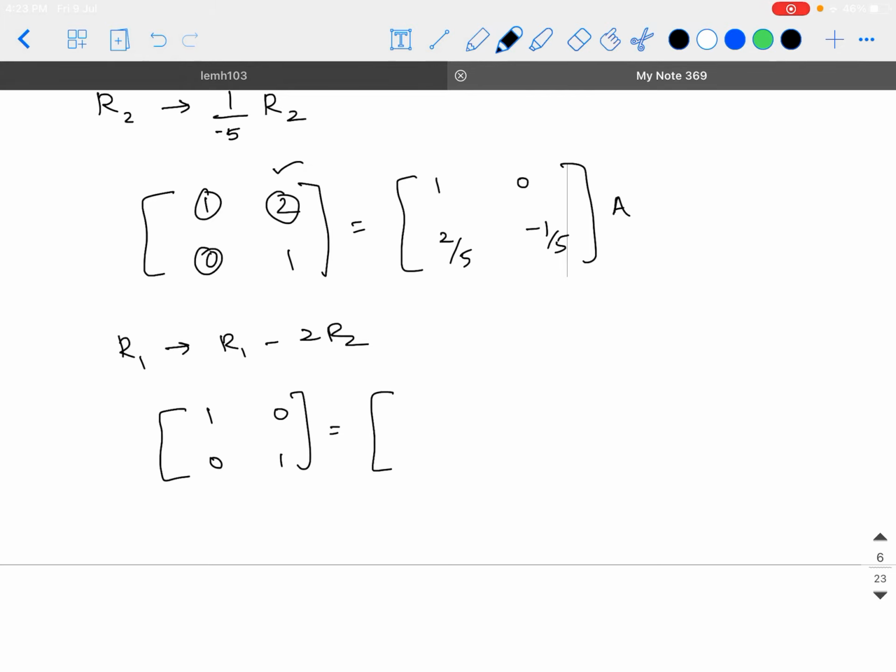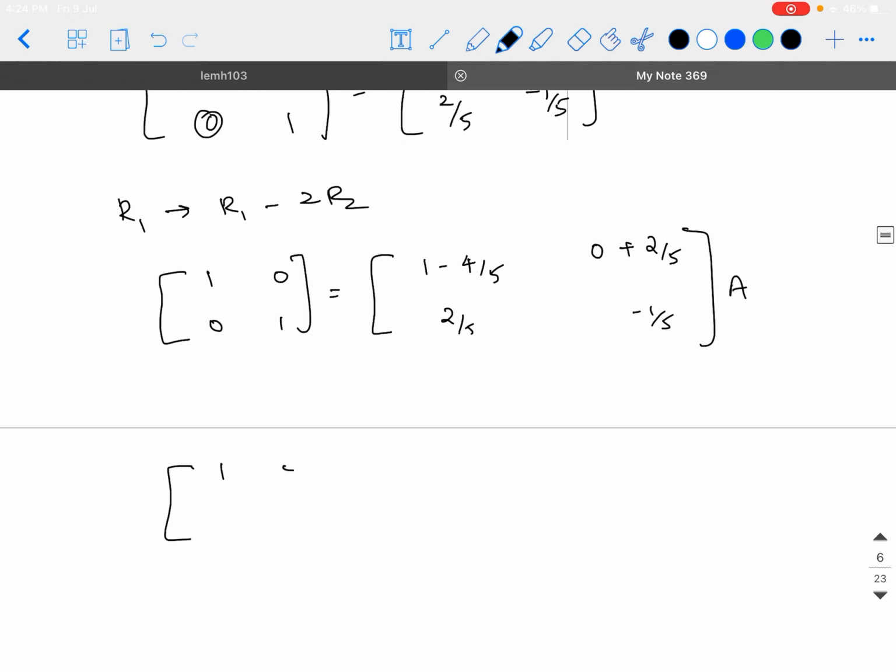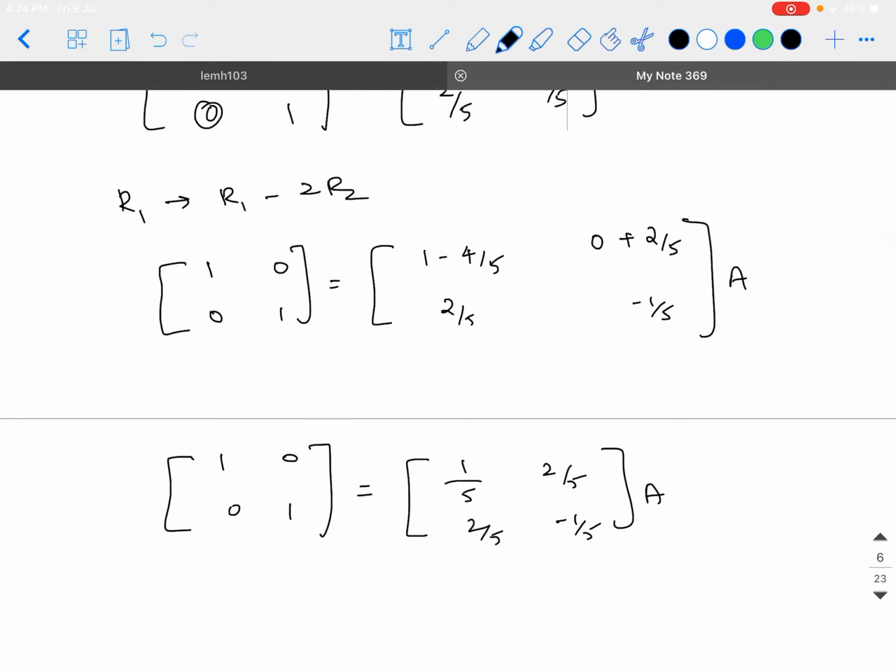On the right side, this is 1 minus 4 by 5, and 0 plus 2 by 5, and the second row is undisturbed, 2 by 5 and -1 by 5, times A. So this will be [1, 0; 0, 1] equal to [1/5, 2/5; 2/5, -1/5] times A.